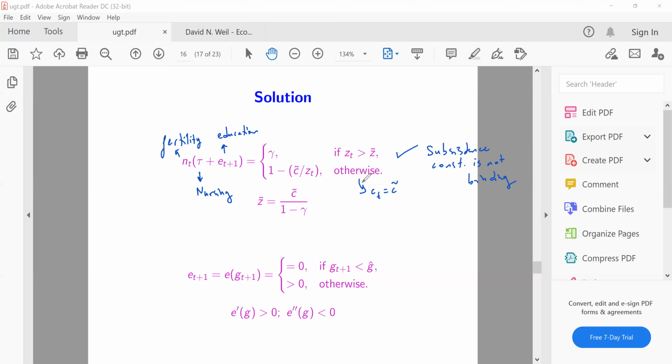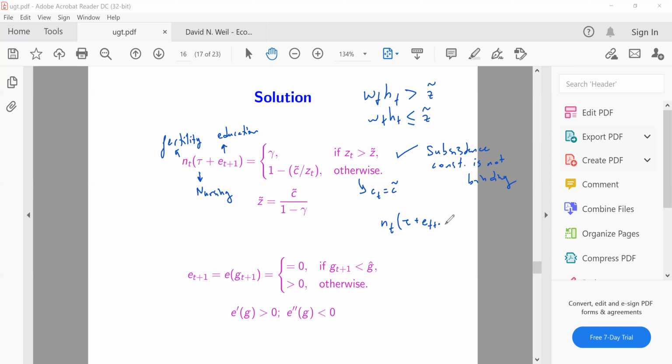So if w_t h_t is sufficiently large, then you are out of the trap. But if it is not sufficiently large, you are in the trap. And what happens in the trap?